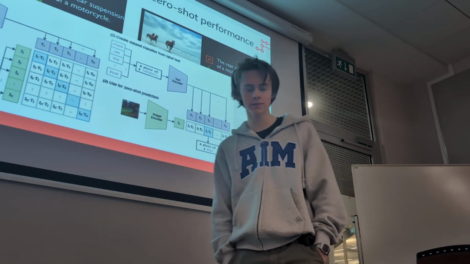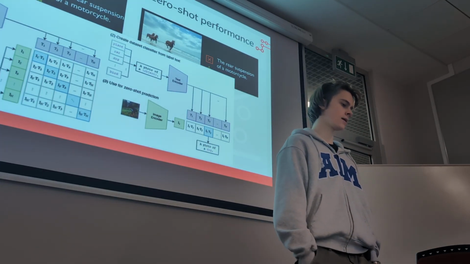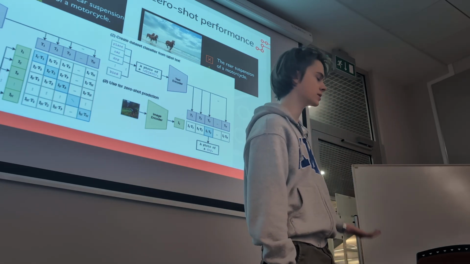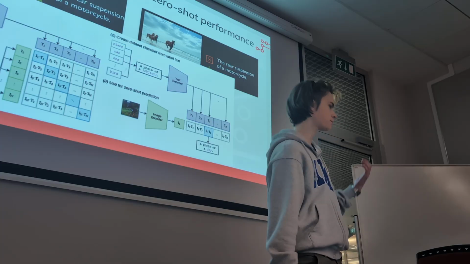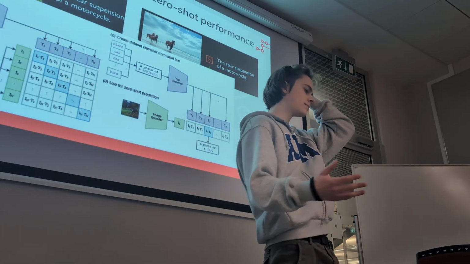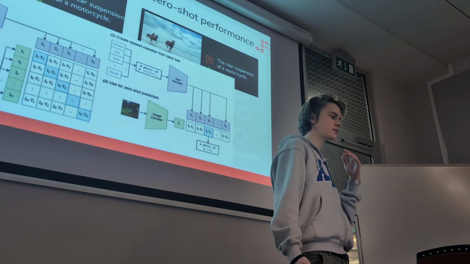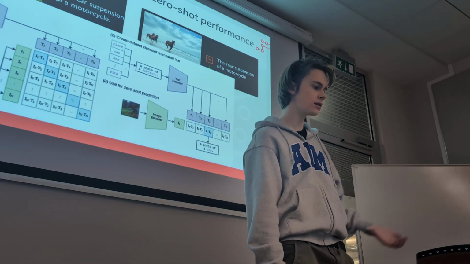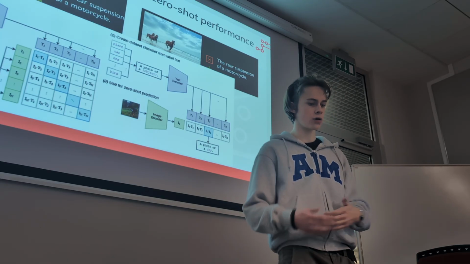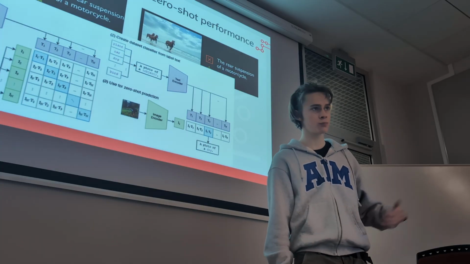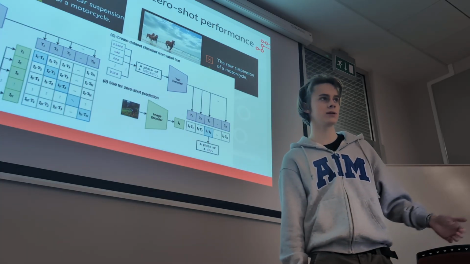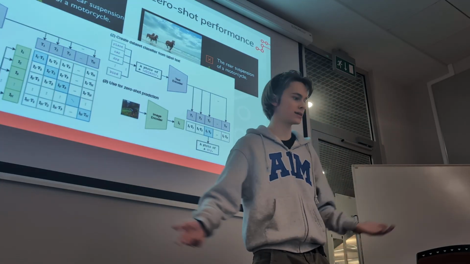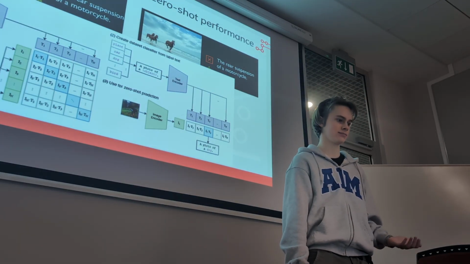The thing about VLMs is that they're supposed to have zero-shot performance. That means it should predict something based on images that it has never seen before. If you train some CNN on cats, and you put a dog in the image and ask it to predict what cat it is, it's just going to give you the wrong answer.